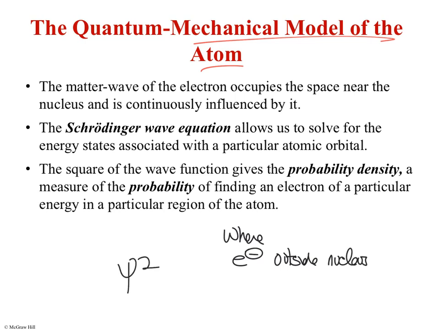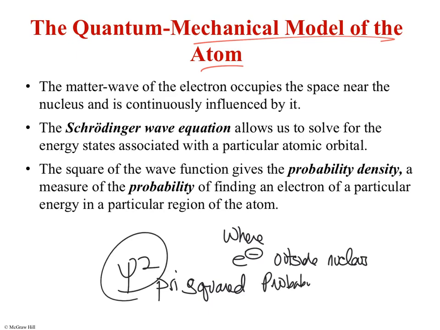And so this is your psi squared, and this is kind of how you approach waves. This is just a probability of locating the electron. And it's kind of like the cat in the box. Once you find it over here and it's a moving particle, then it's over here.